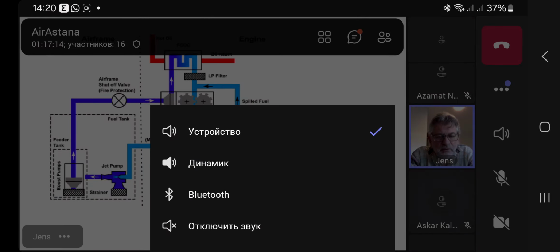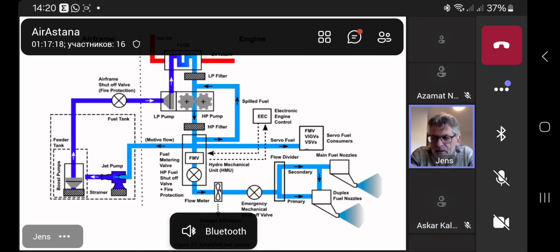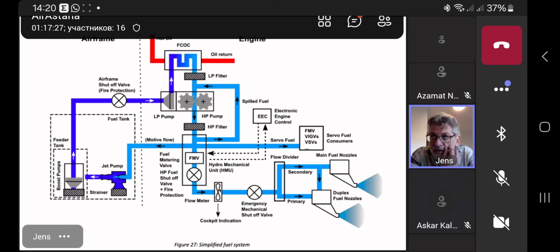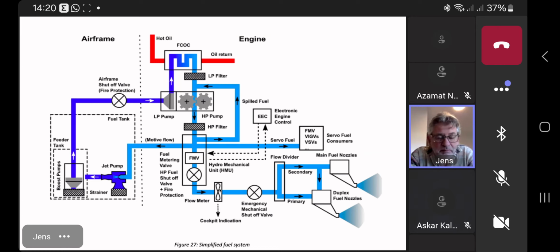It's nothing to do with the calculation of the EEC. In order that the system knows how much fuel is sent to the fuel nozzles, the EEC relies on the feedback signal from the fuel metering valve. Very important.